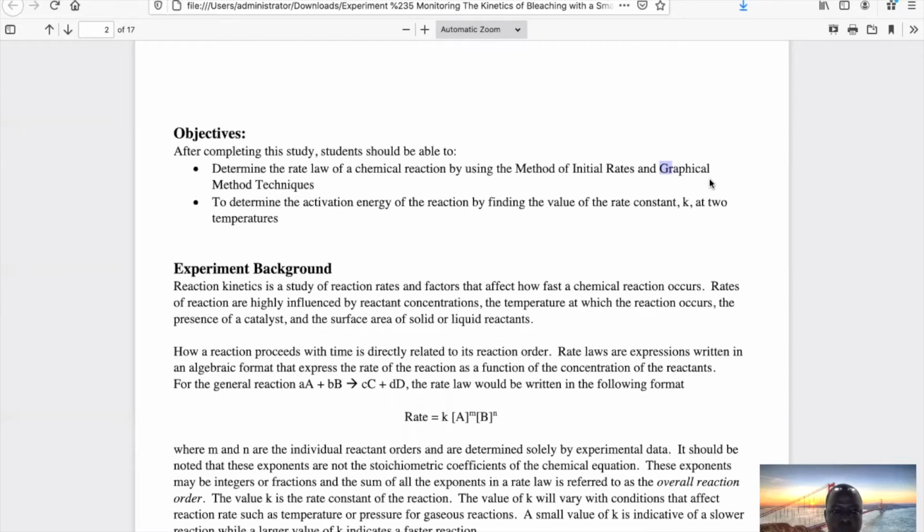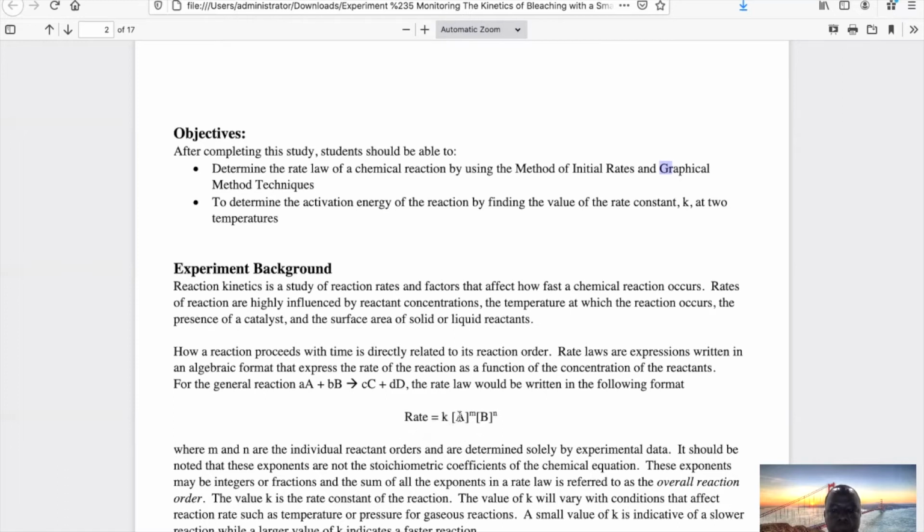I know you have probably covered this in the lecture, but I just want to highlight how this graphical method is used to determine the order of a reaction. Remember, orders are the exponents to which the concentrations of reagents are raised.